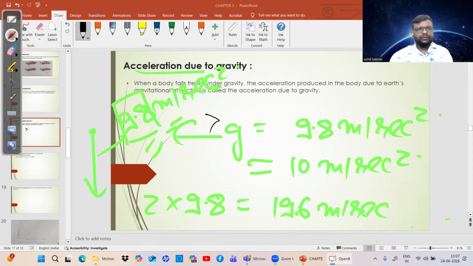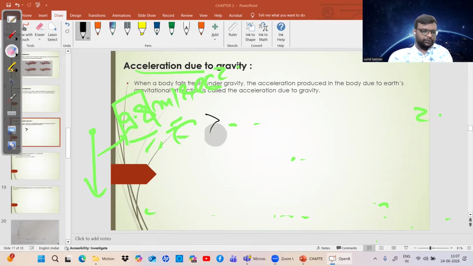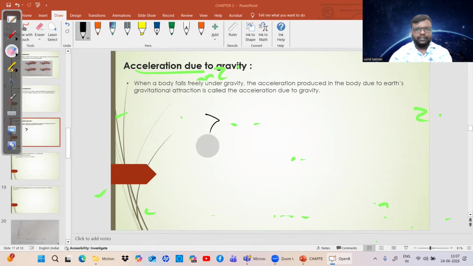Similarly, students, if a body is projected vertically upward, then what will happen for g? We will see.